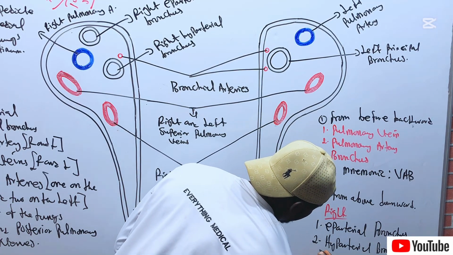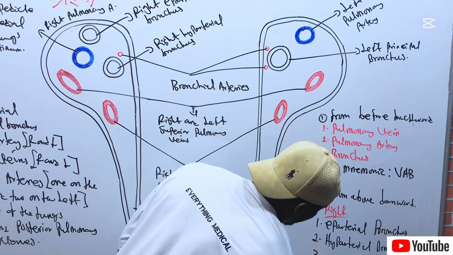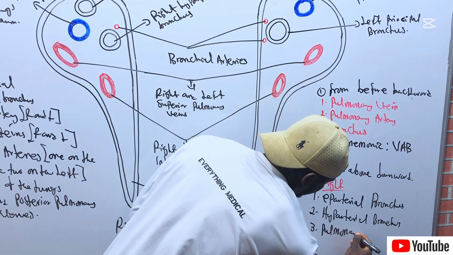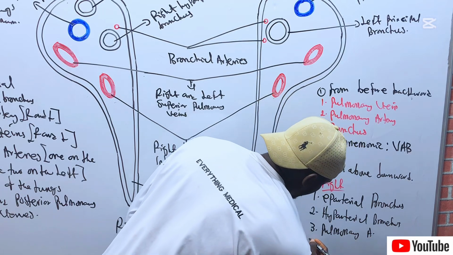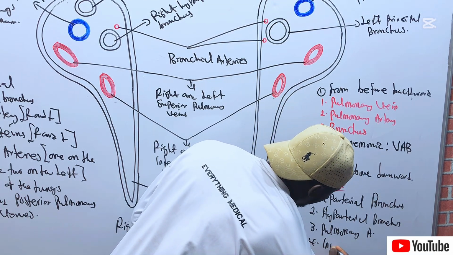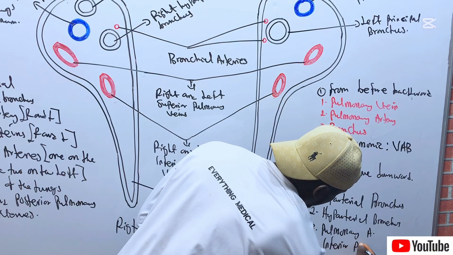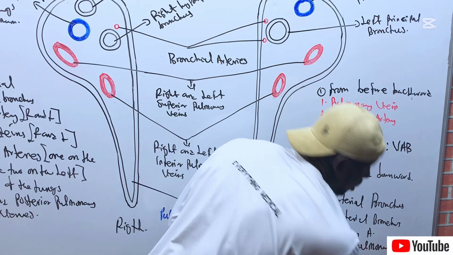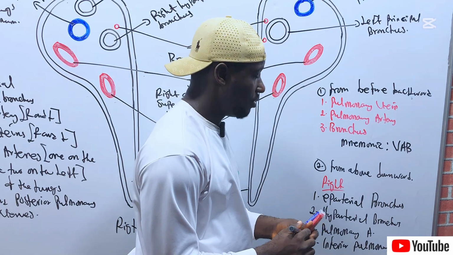Number three is the pulmonary artery. Number four is the inferior pulmonary vein. So that is how it works.